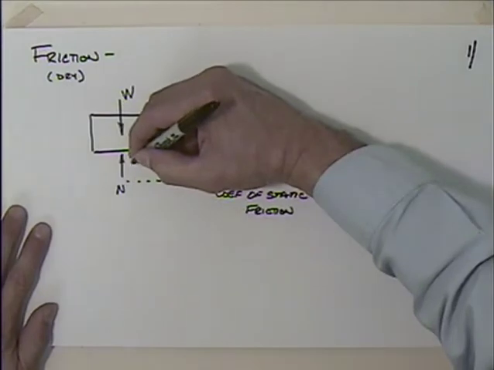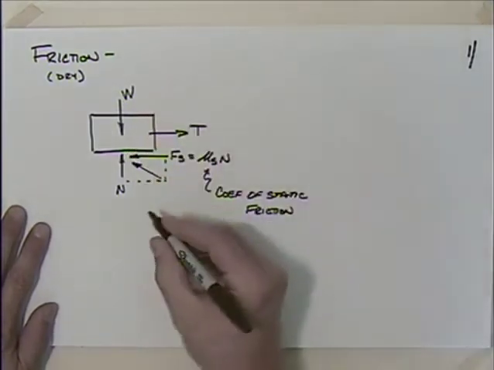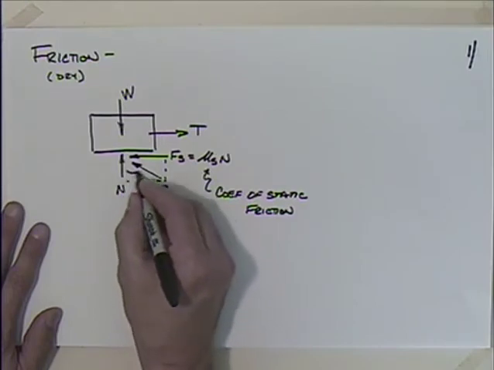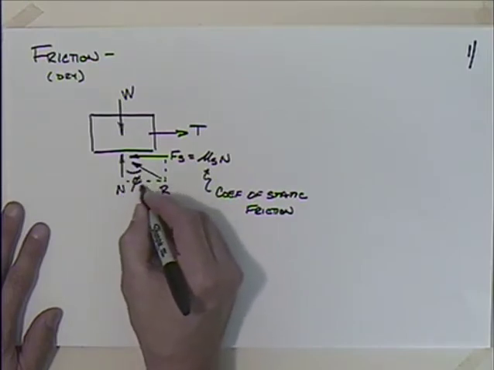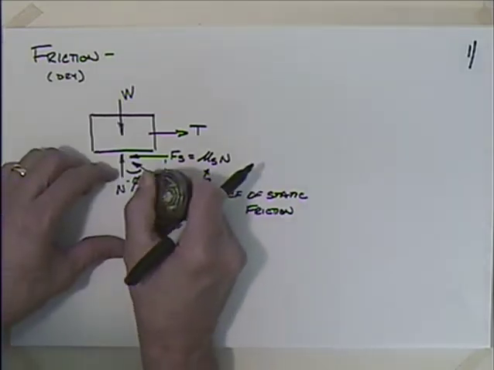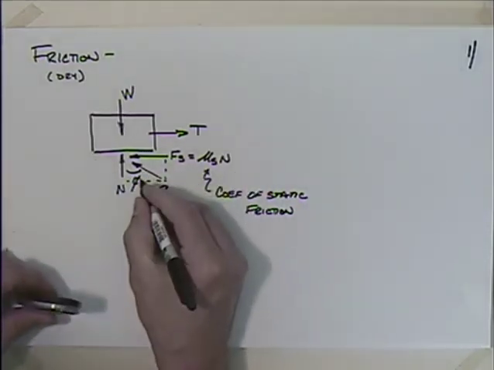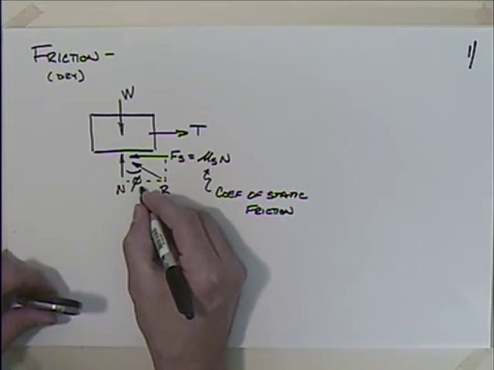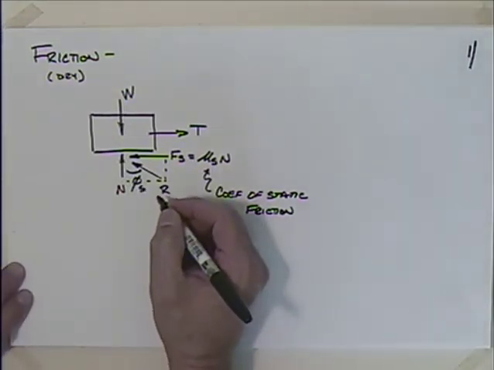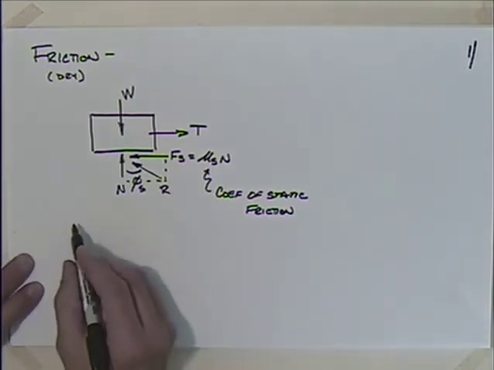We could talk about the resultant, of course, being like that, and we'd get some angle of friction in here. We could talk about this as phi sub S, where that would be our angle of friction.